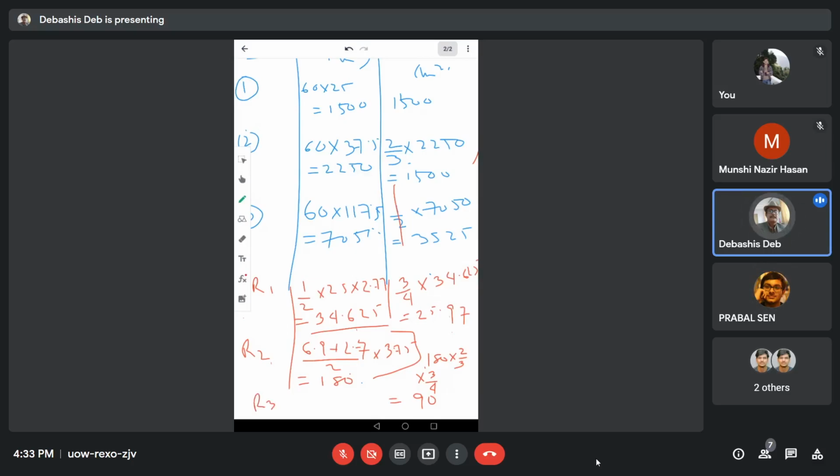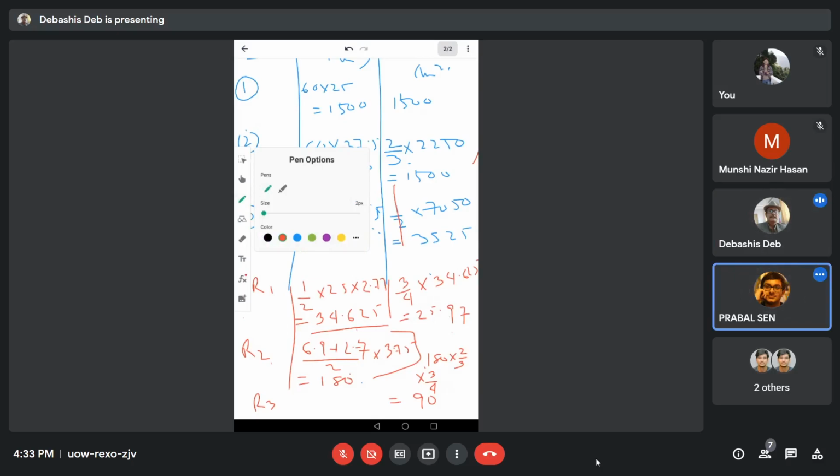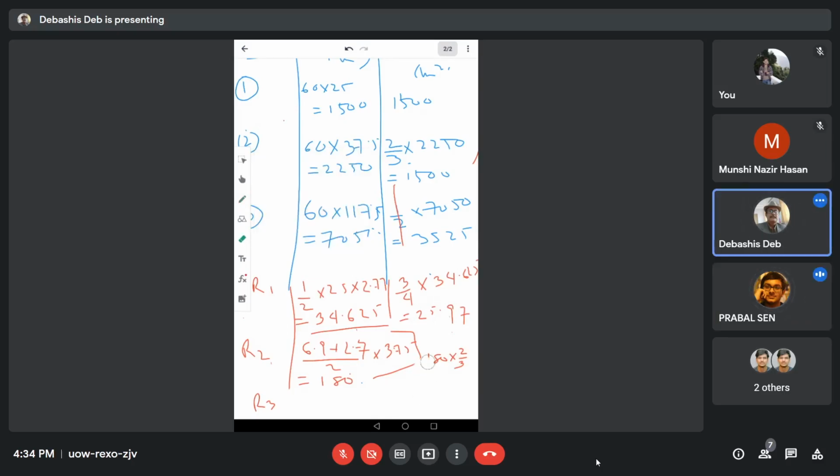R3, if I delete this portion. R3 comes as, again it is trapezoidal. So it is 6.9, the Y value.